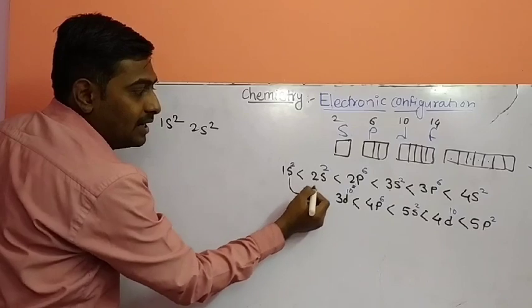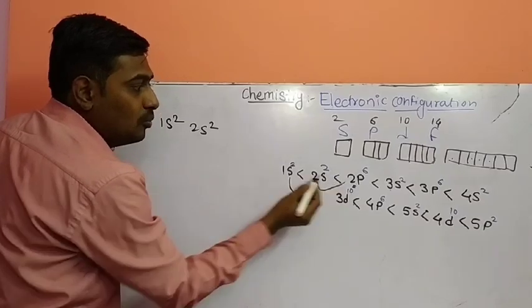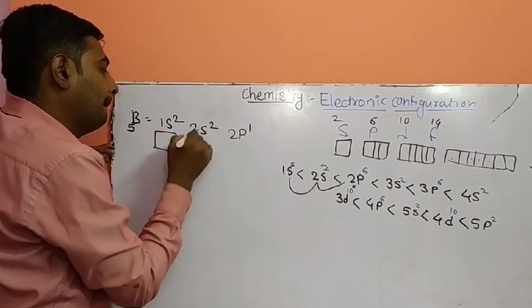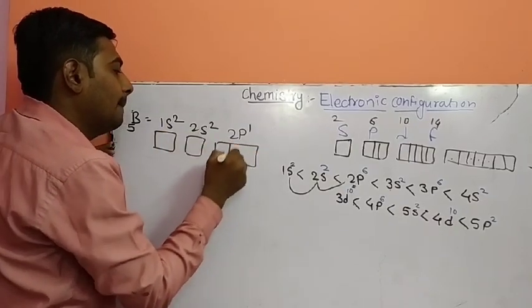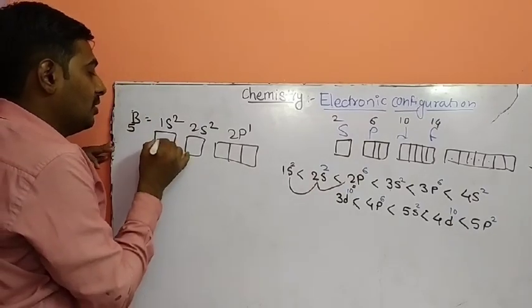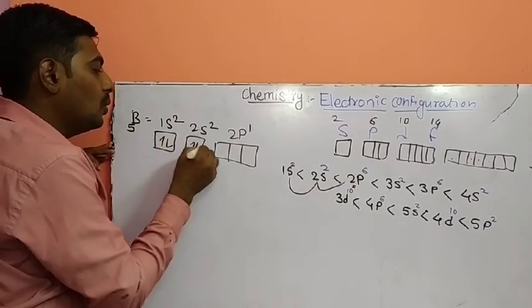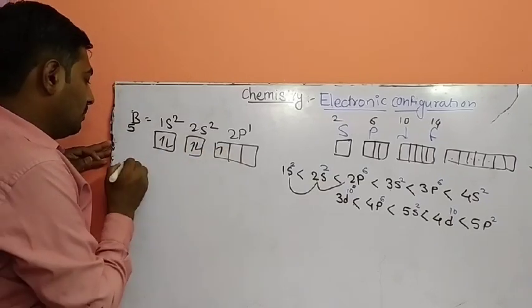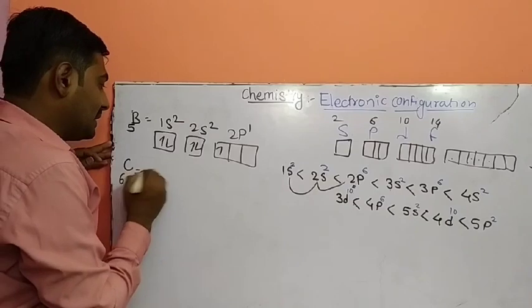This one is completed. This one is completed. Then the electron enters the 2p orbit, 2p1. How will it be represented? The p orbital is 3 suborbitals in continuous spaces. 1, 2, 1, 2, 1. Only 1.